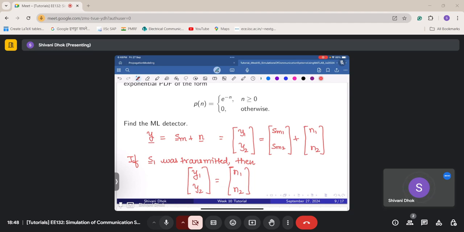Which means f of Y1, Y2 given S1 was transmitted will be equal to simply P of Y1 into P of Y2, which is the PDF of N, for Y1, Y2 greater than or equal to 0.